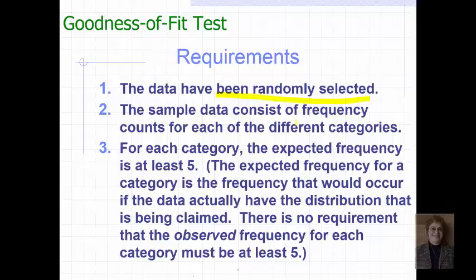And our data is going to be frequency counts. Now, our expected frequency has to be at least 5. Not your observed, but your expected. If your expected frequency is not at least 5, then you need to combine some categories.